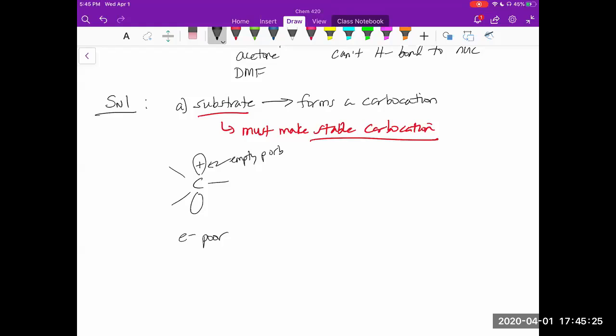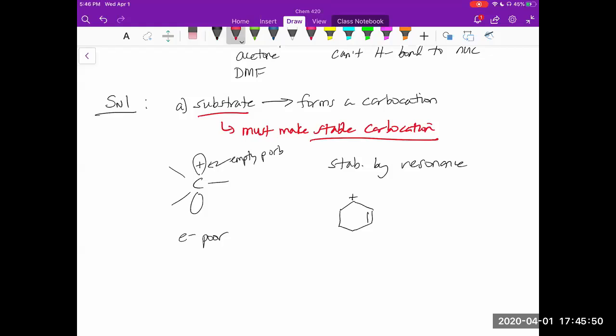And they could be stabilized by a couple of things. They could be stabilized by resonance. So there were some examples. Let's draw one like this. In a ring, I'll put a carbocation, make it a secondary one. I'll put a double bond there.